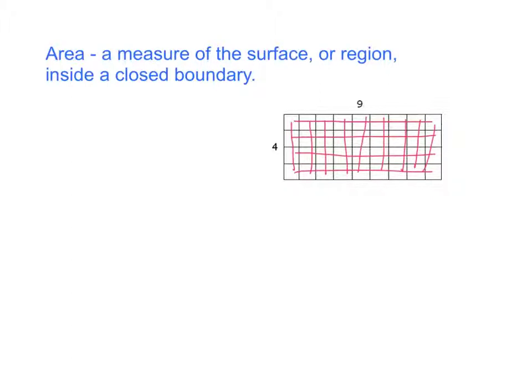Simply, the formula for area is area equals the length times the width. A stands for area, L stands for length, and W stands for width. Let me just fix my multiplication sign here in the middle. Go ahead and stop the video and write down the formula for finding the area of the rectangle.